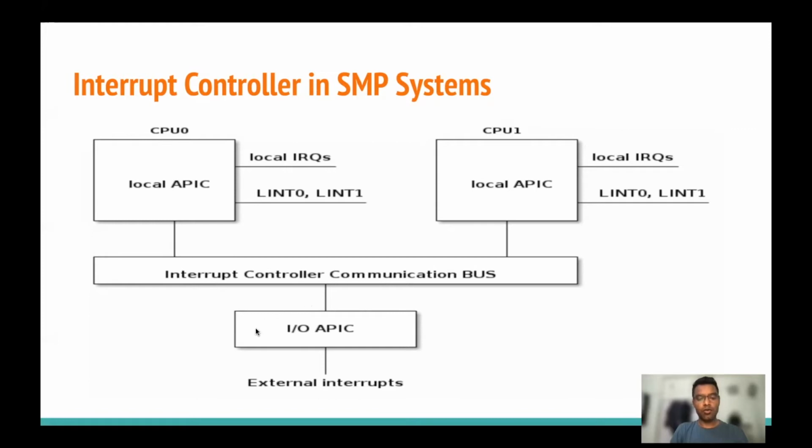The IO APIC contains a routing table. Depending on the interrupt number from the external interrupts, it can route that interrupt to a specific local APIC, and then accordingly it can handle the interrupt. These local APICs map these interrupts to the CPU, or they can also generate interrupts to communicate with other APICs.